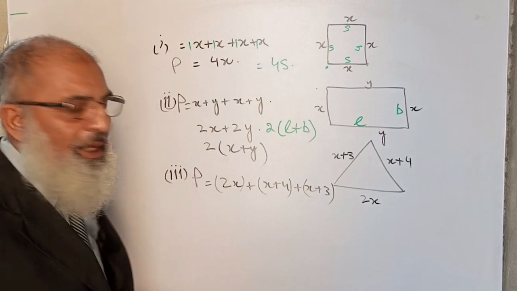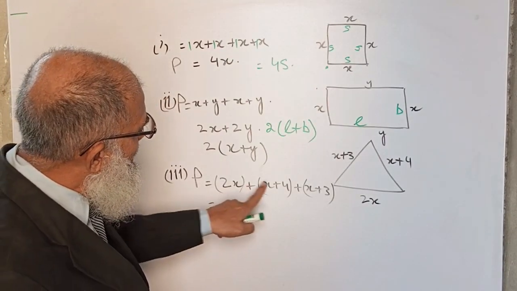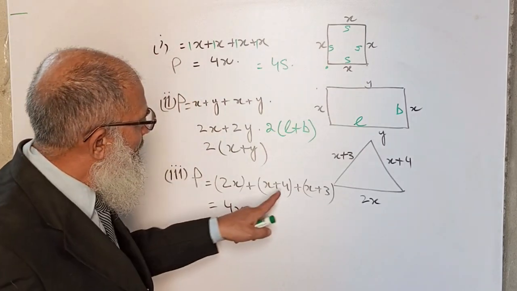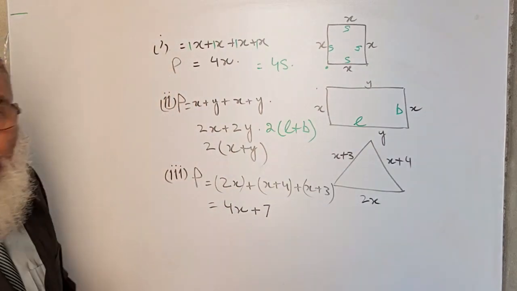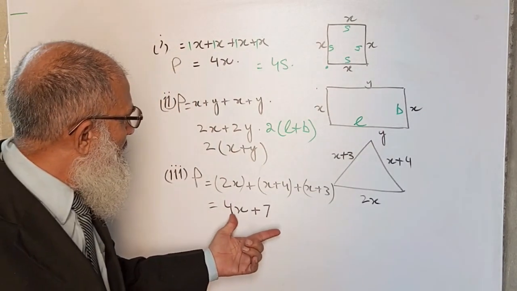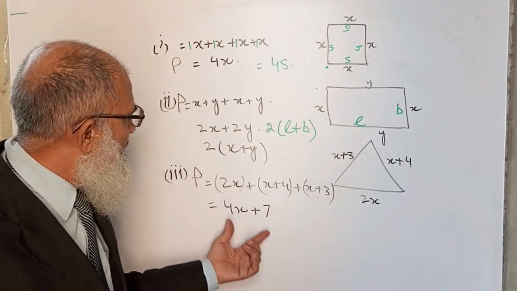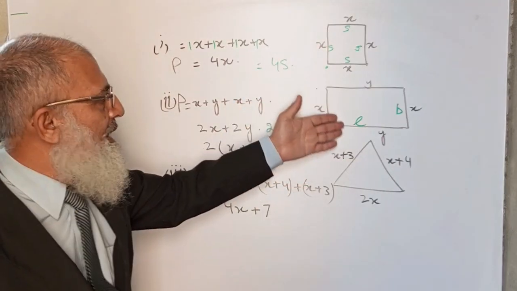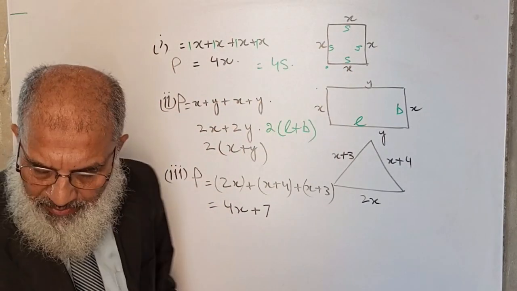Now we have to add up. You see 2x, x and x gives 4x, and 3 and 4 gives 7. So 4x plus 7. Now this is our perimeter for this triangle. This is a very special triangle. I cannot assign a general rule to it as I did for the square and rectangle. So this is 4x plus 7.